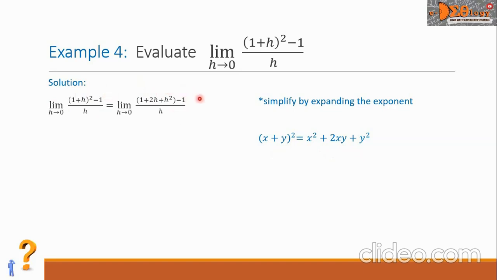To simplify our numerator, we can see that there is a positive 1 here while there is negative 1 in here. These two numbers will zero each other.